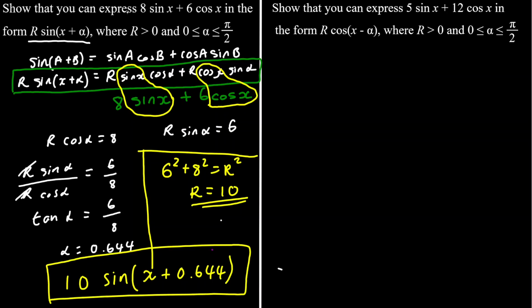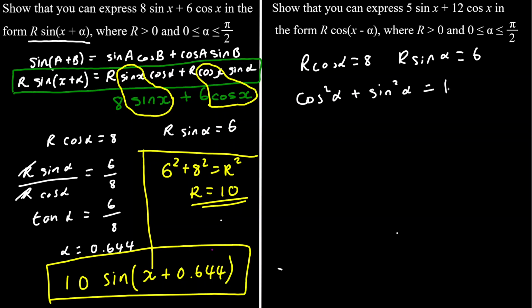I'll show you how the Pythagoras thing works now. I'll do it on this side. So we had r cos alpha is 8, r sine alpha is 6. We're using the identity cos squared alpha plus sine squared alpha equals 1. Cos alpha is 8 over r.